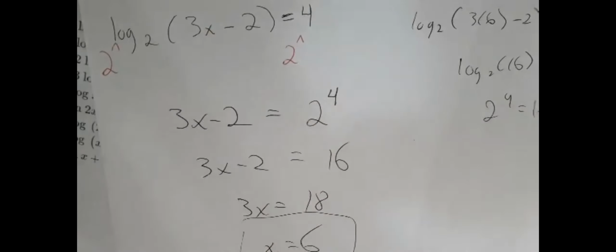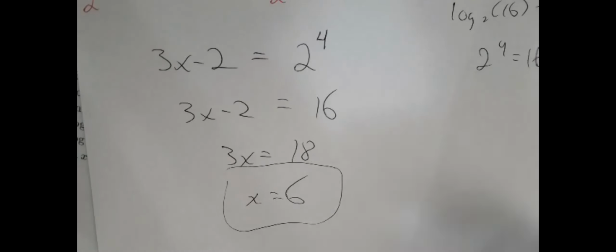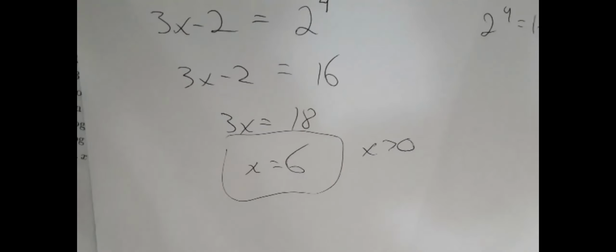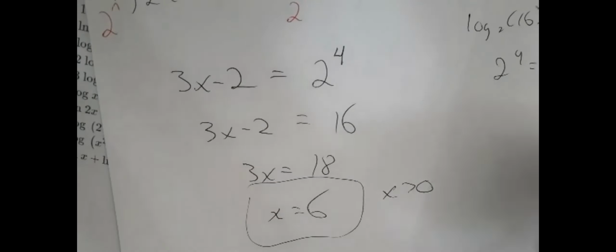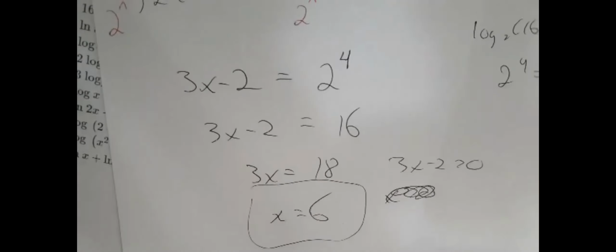But remember, our logs do have those domain restrictions: x has to be greater than 0. So it is good to check these things. We can also check that this is a number greater than 0. Or actually 3x minus 2 would have to be greater than 0. Sorry, the thing inside the log would have to be greater than 0.